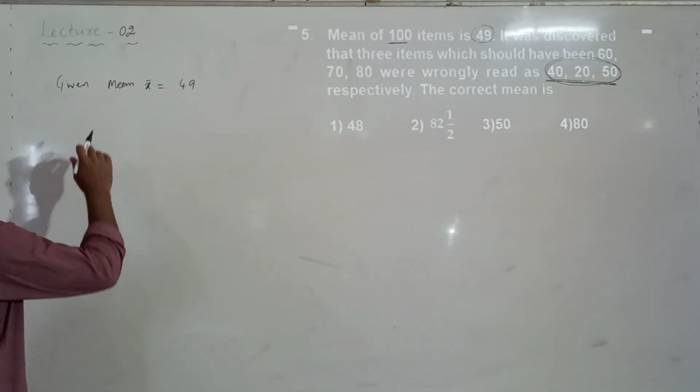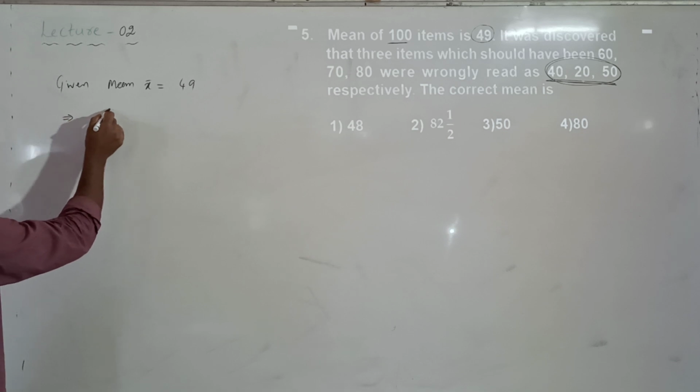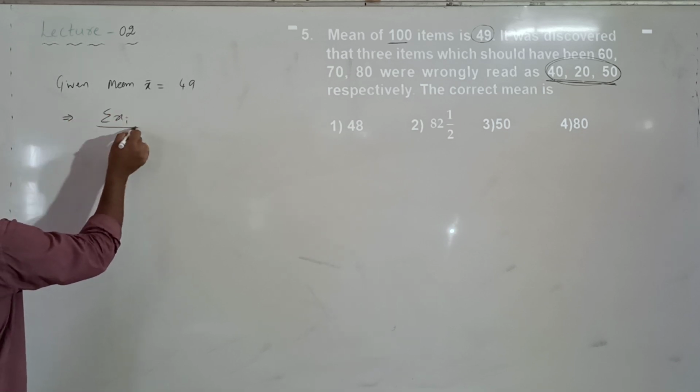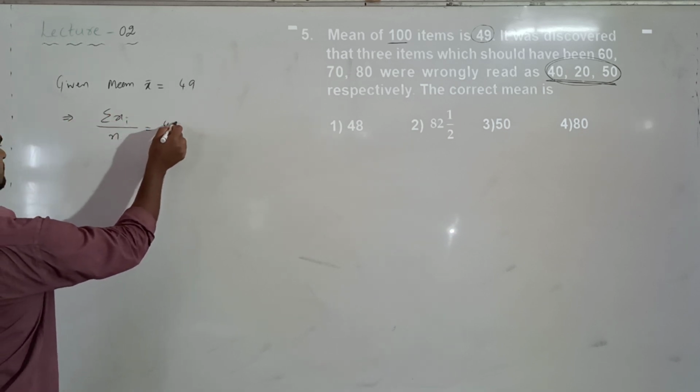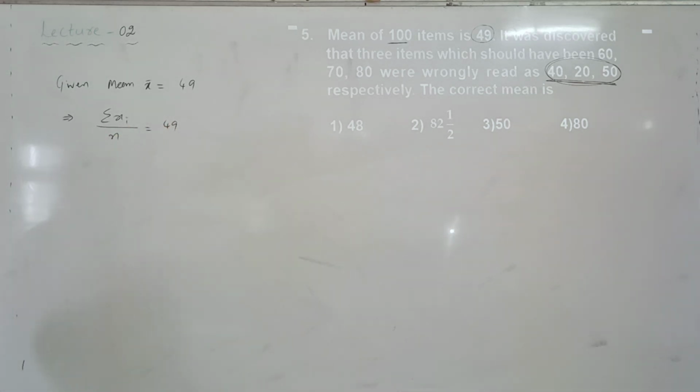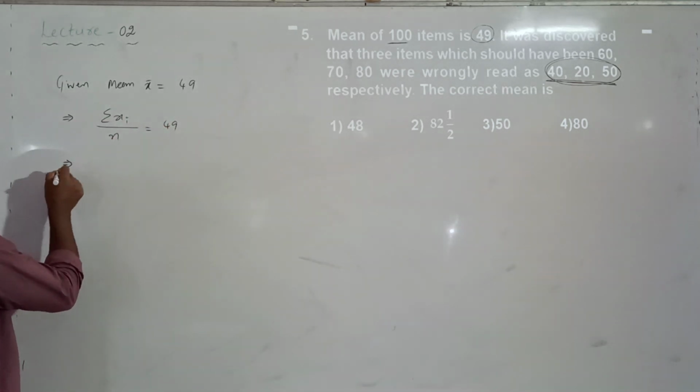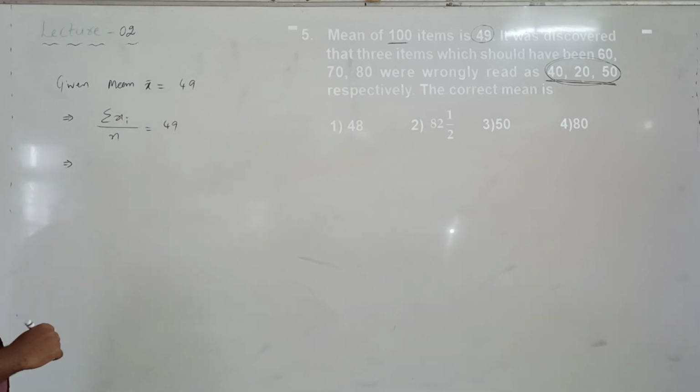So how can I get the mean formula? Mean is sigma xi by n. It is given 49. What is sigma xi here? Sum of the 100 observations.